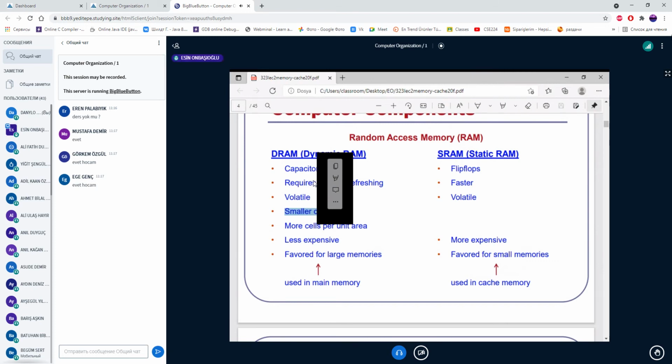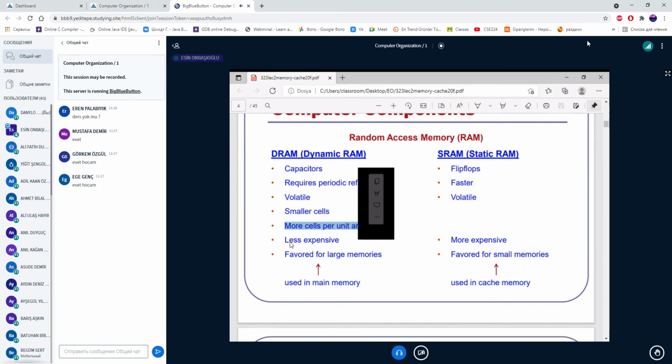So in the same area, the number of bits, in other words the number of cells we can store, is larger in dynamic RAM. You can place more cells per unit area. So now let's repeat. The capacitors need to be refreshed periodically, and their sizes are small.